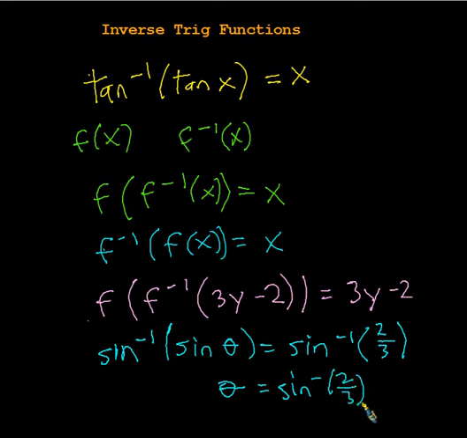Now, some people, when they get the hang of this, when they see something like sine of theta equals 5 over 7, they just immediately know to write theta equals inverse sine or arc sine of 5 over 7.